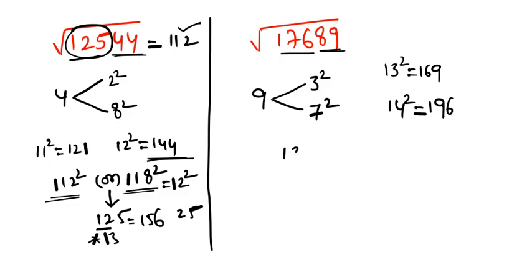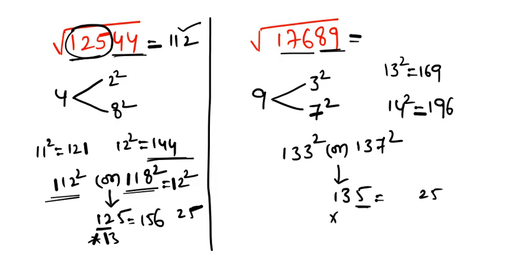It is 133 or 137. Again, directly you can say there is no need to check in between 135. Why? Because 5 square is 25, the next number after 13 is 14, so 13 into 14 is 182. The given value is less than 182, so the answer for this one will be 133.